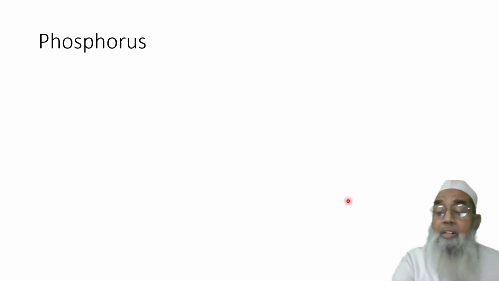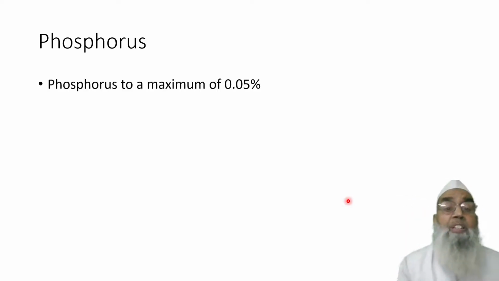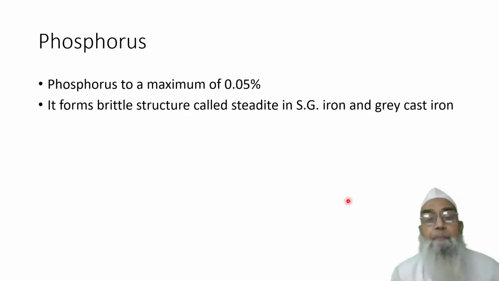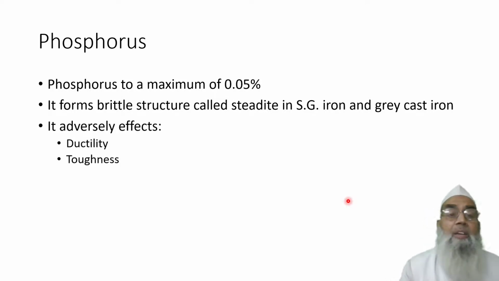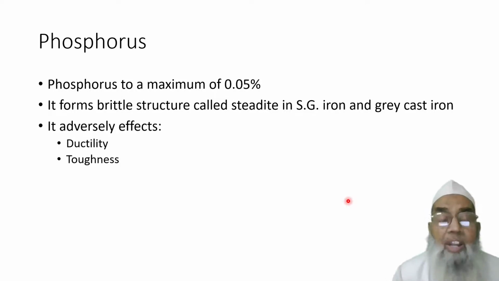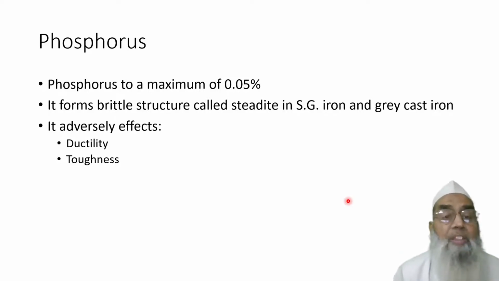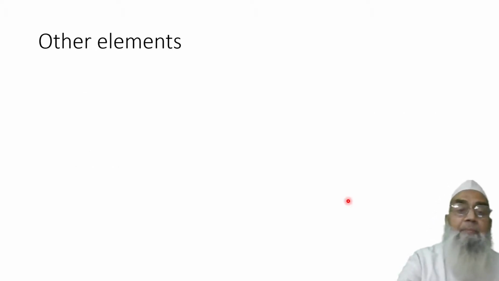Another is phosphorus. Phosphorus is a maximum of 0.05%. It forms a brittle structure called steadite in SG iron and grey cast iron. Therefore, it deteriorates the quality of the product, adversely affecting ductility and toughness.